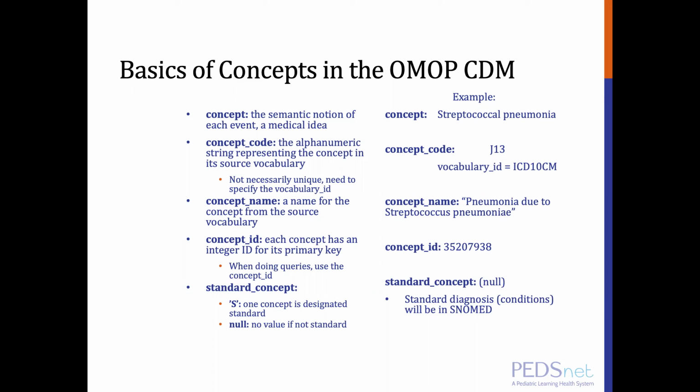In that vocabulary, it is called pneumonia due to Streptococcus pneumoniae. It has a concept ID of 3520798, and that is the one that we would use when we were doing querying on the condition occurrence table, if this was of interest. And the standard concept is null. Actually, sorry, I'll take one step back. That concept ID is specific to this ICD-10-CM.